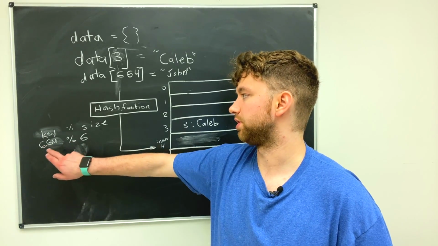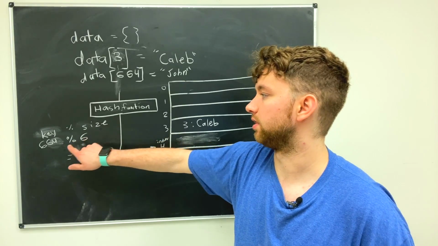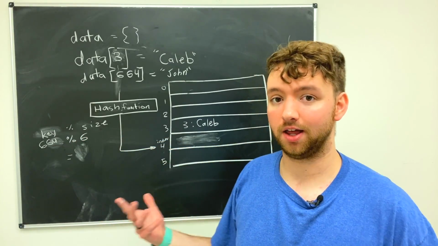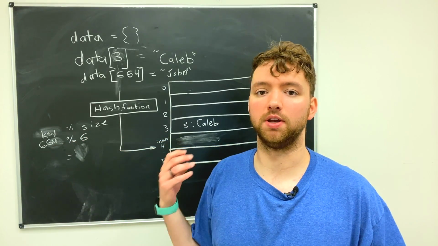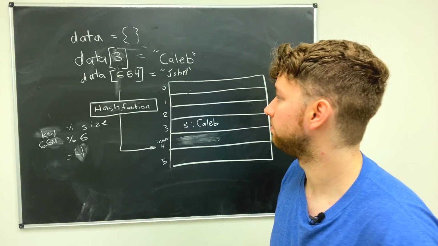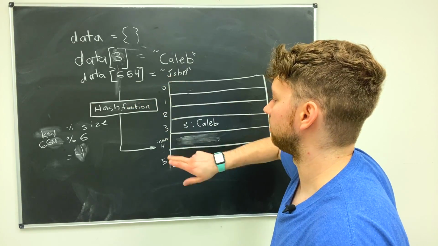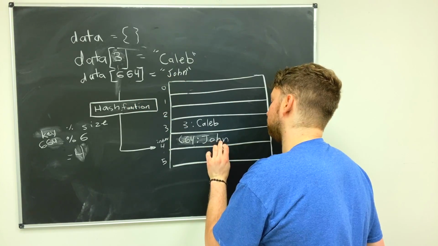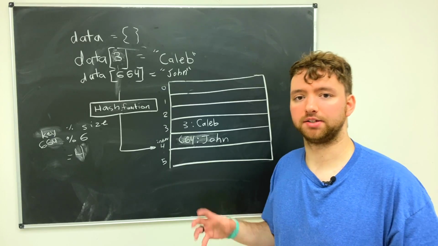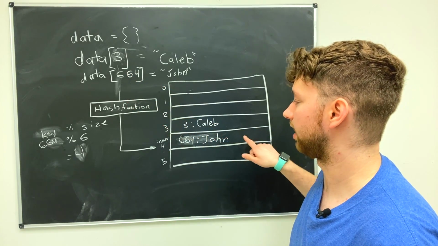So if you were to do 664 modulus 6, well, 6 goes into 660 11 times, so there's going to be 4 left over. So this will give us the value 4. So key 664, John, is going to go at index 4. So that is the basic process for how we go from the key to the actual location.